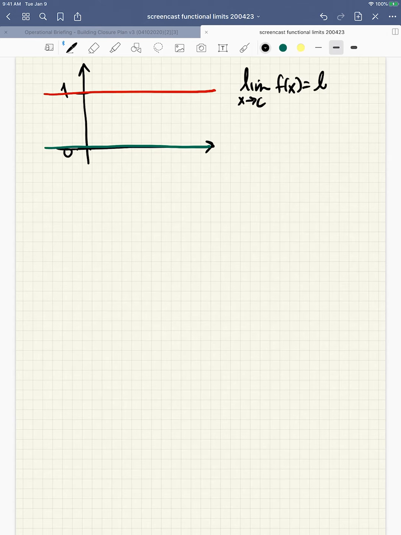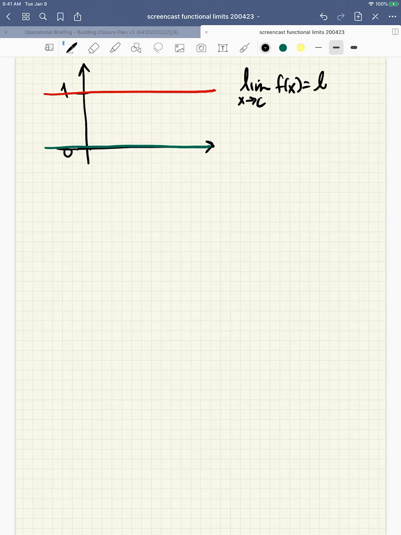So once the mathematical community understood this, they said, okay, we've got to find a better way. Phrased this way, we want this idea of a functional limit to be independent of how x gets close to c.